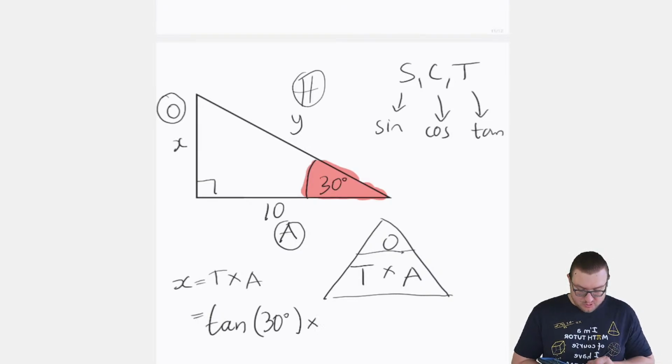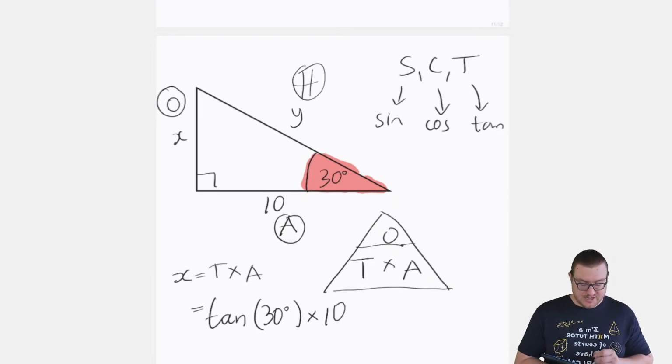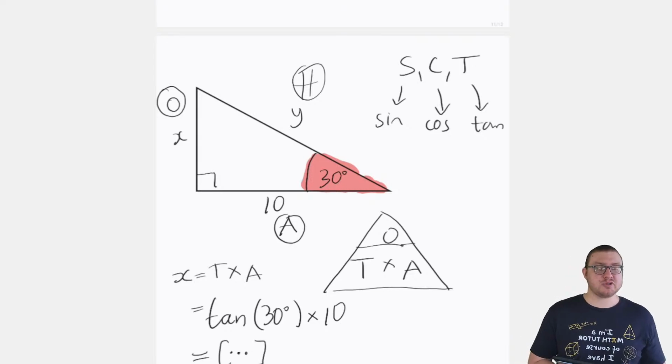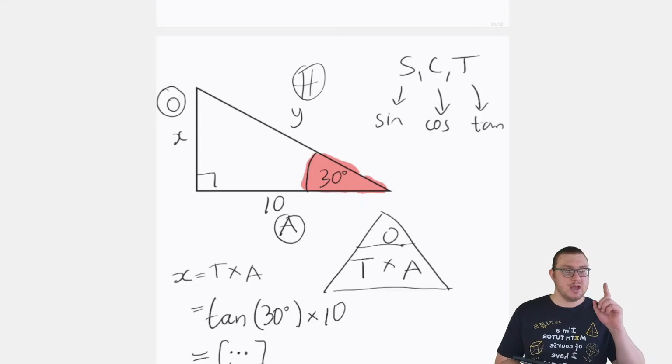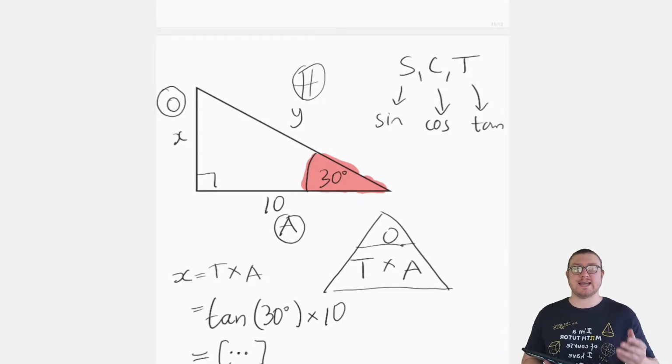Now we need to multiply by a, and a was the adjacent. We actually have a value for that, which is 10. So now we just need to put this in the calculator, and I'm sure you'll be able to do that. Just be careful with one thing. We want to make sure that we are set in degrees for our calculator. Let's do one more example, and I will show you how to check if you're in degrees.